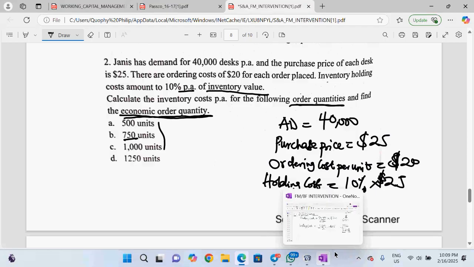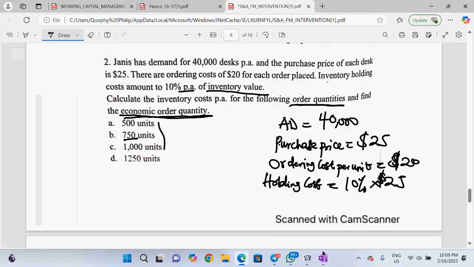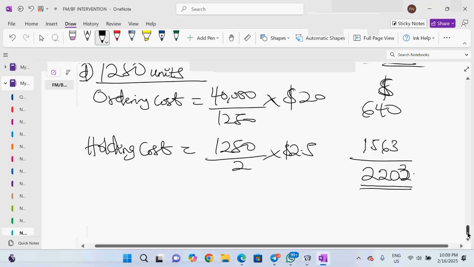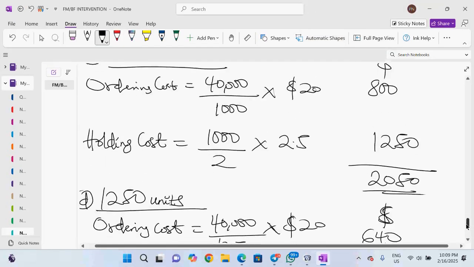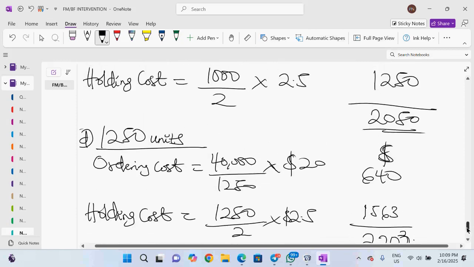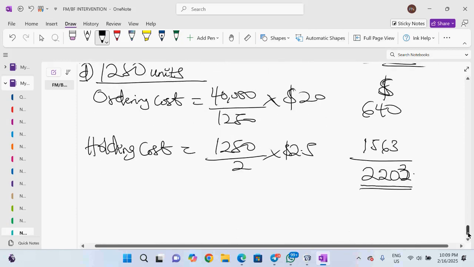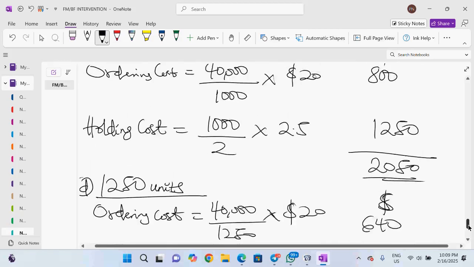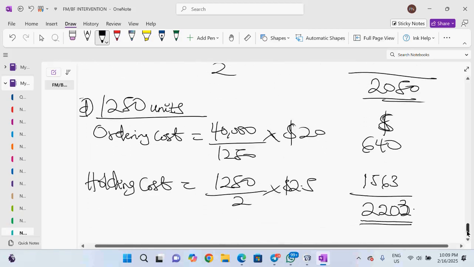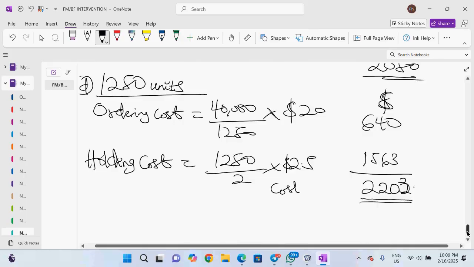750 units. Why 750 units? Because it has the smallest cost. So 1,250 gives us a cost of 2,203.